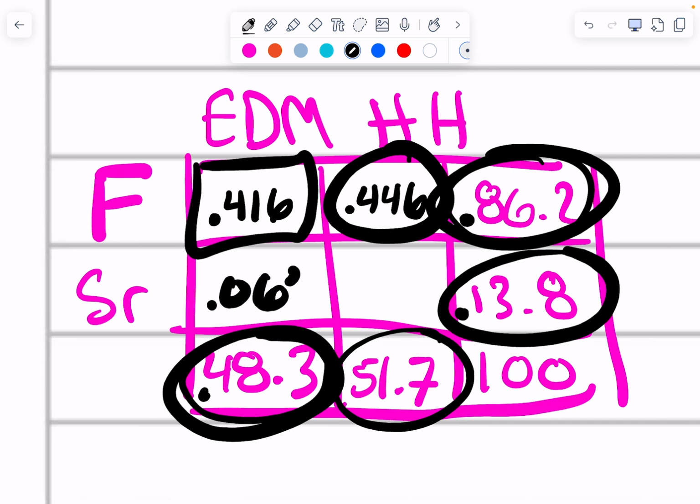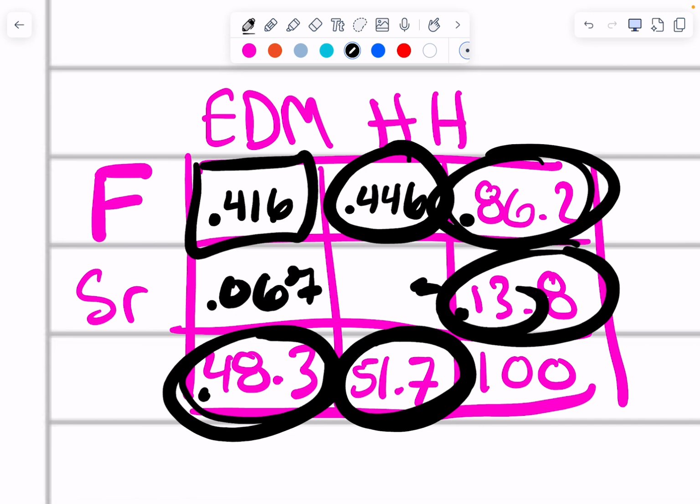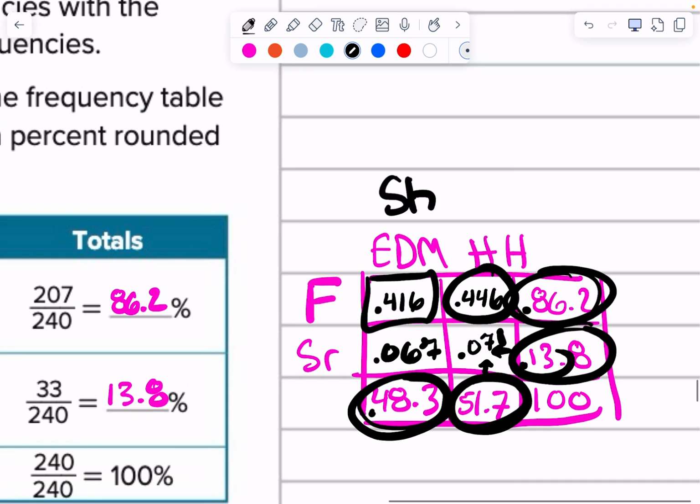That's 0.067. Then I multiply this one and this one together, and that gives me this one, 0.071. This is how the table should work.